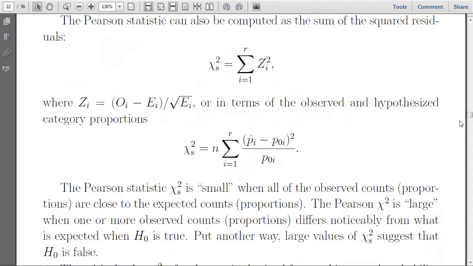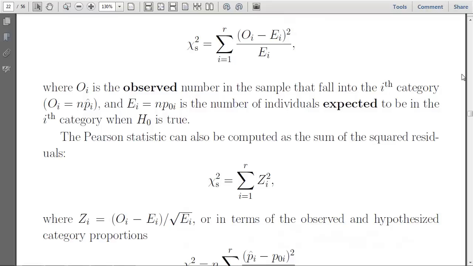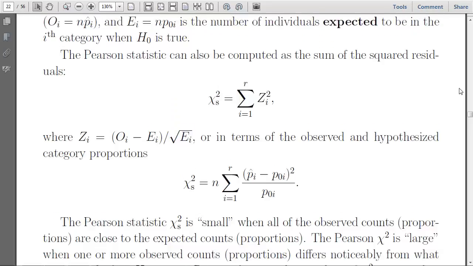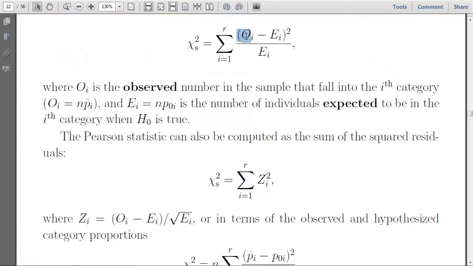There's another way of formulating the chi-square statistic in terms of what I think are called Pearson residuals. These z-squared quantities are actually this whole right-hand side here. We're going to look at those z's a little bit later. So z is the observed minus expected, divided by the square root of E. That's just the square root of this numerator right here.